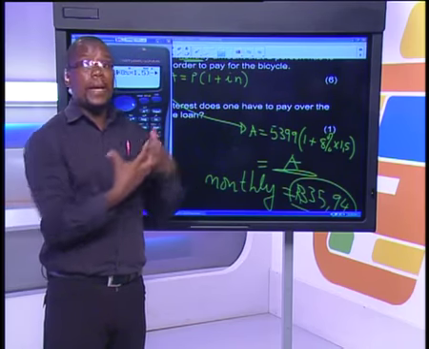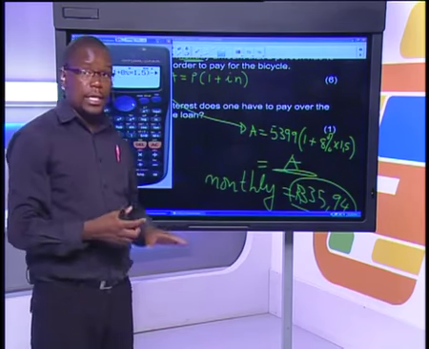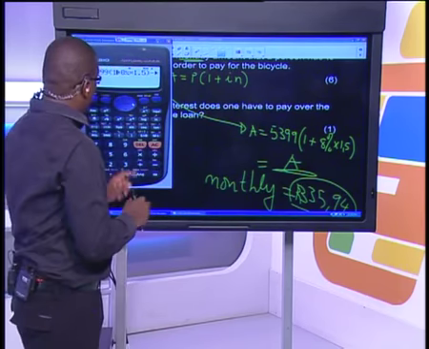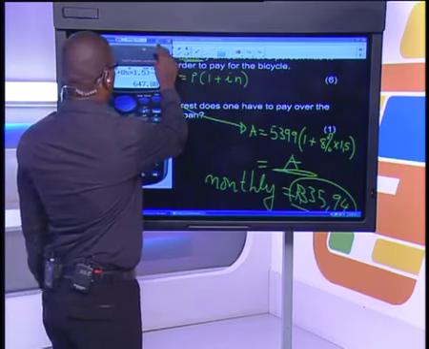Mind you, he's already paid the 600 rands as a deposit. So this bicycle is 5,399. So now when I work it out, I get the interest is 647 rand 88 cents. So he's going to pay 647 rand 88 cents more. I hope that works as well.